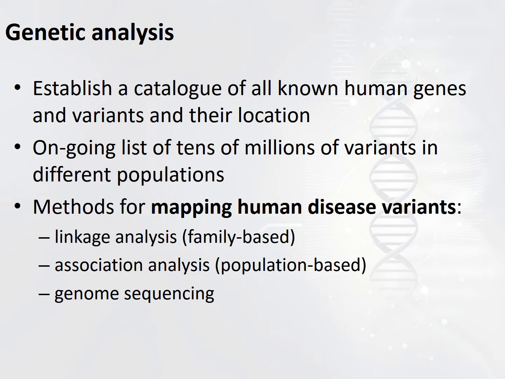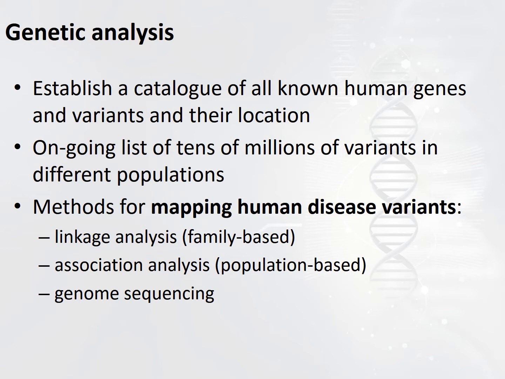Some of these variants are functional, so they actually have a big impact on a phenotype, but most of them are neutral. Some of them are very common. You can see them present in almost all individuals, and some of them are very rare, restricted to either families or to small ethnic groups.